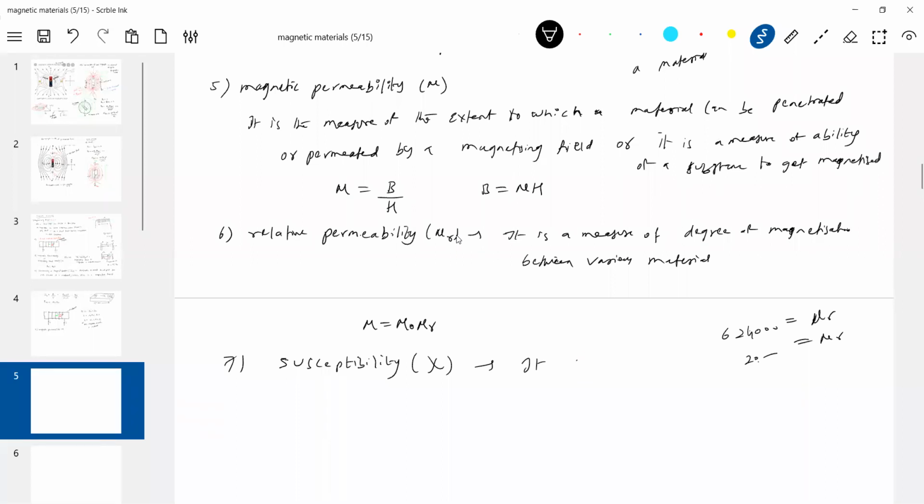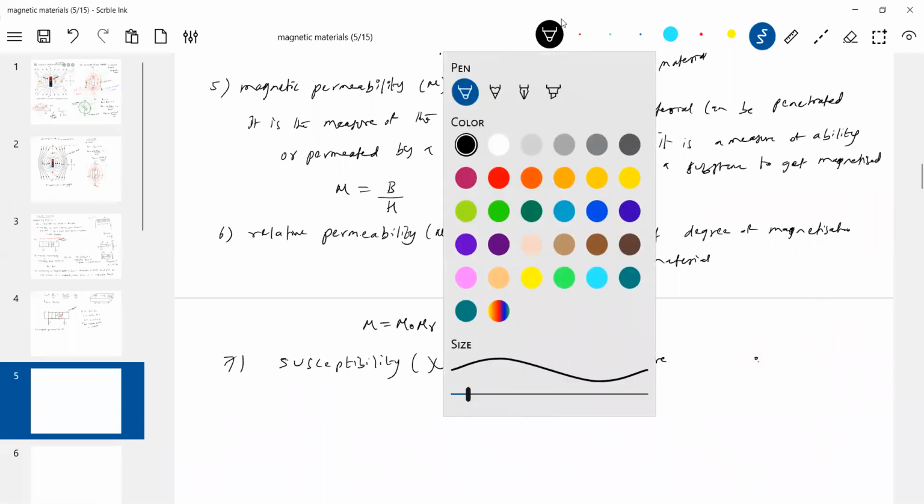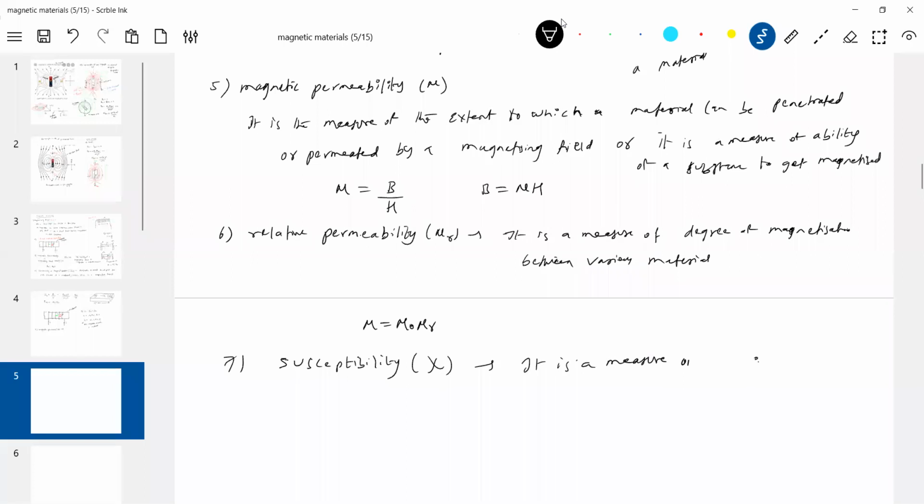It's a measure of nature of magnetization in a material.